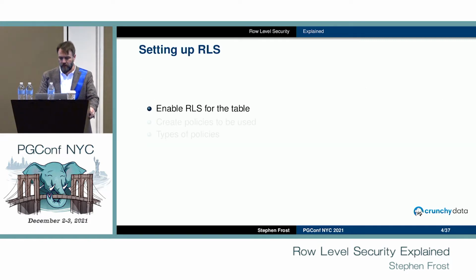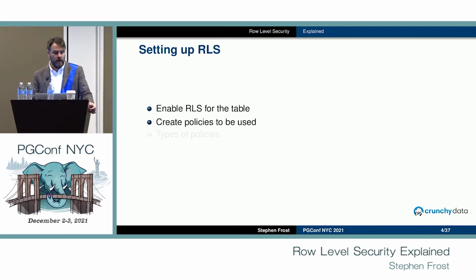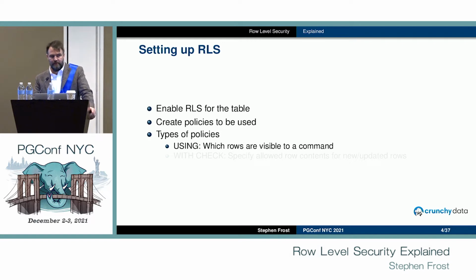So when you want to set up RLS, there's really just a couple of main things you have to do. You do have to enable row-level security on the table itself, and then you have to create whatever policies you want to be used with that table. There are two different types of expressions that you use when you're talking about policies. The first is a using expression.